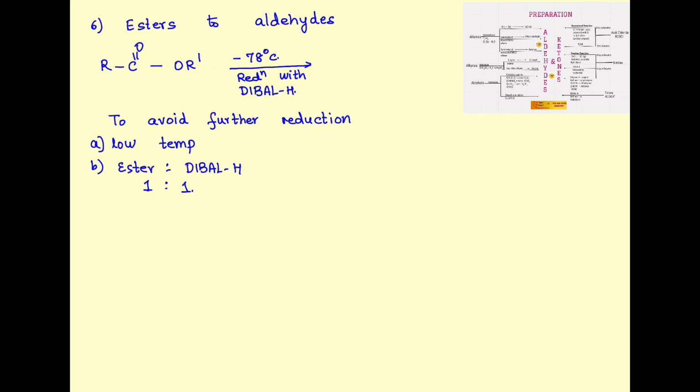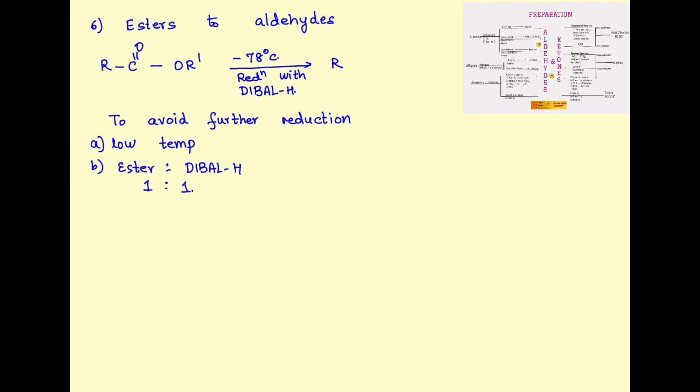But remember, in both the reactions, earlier as well as this one, we will keep the temperature low and we will keep the ratio of the reactant to the reducing agent as 1:1 because we want to keep the reaction under control. We don't want it to make an attempt to convert the aldehyde formed further to alcohol, right?